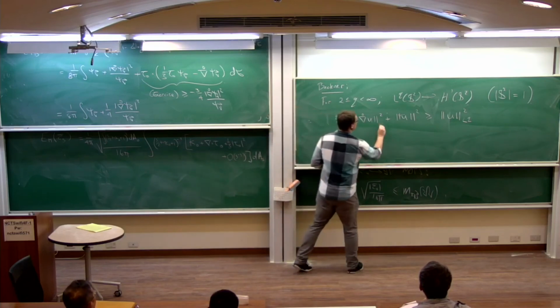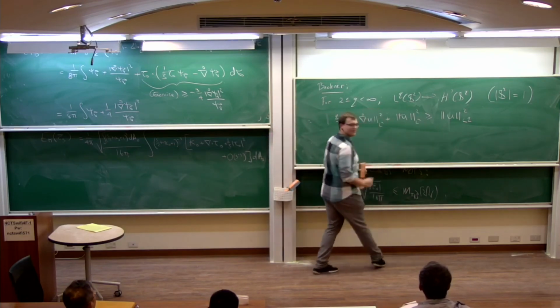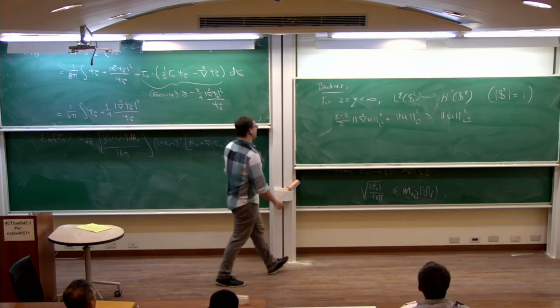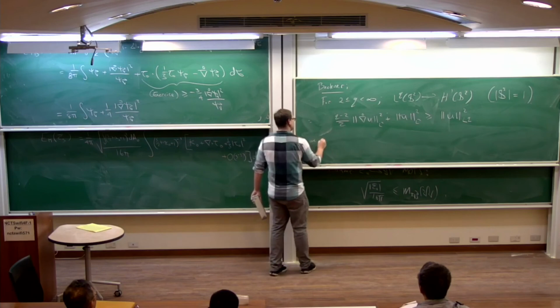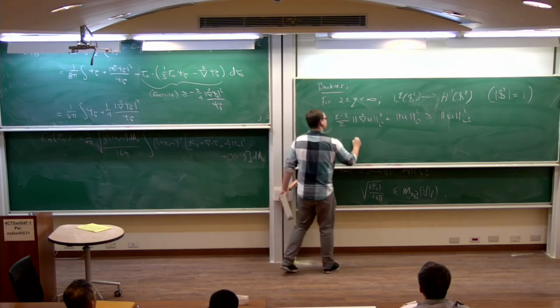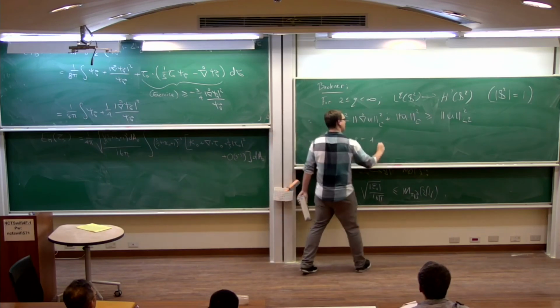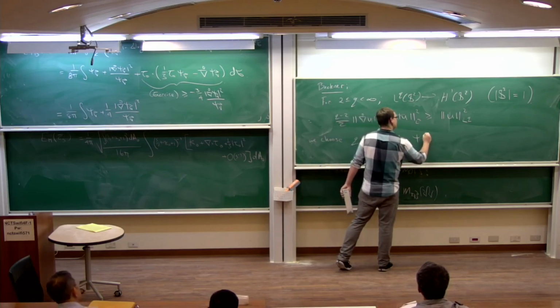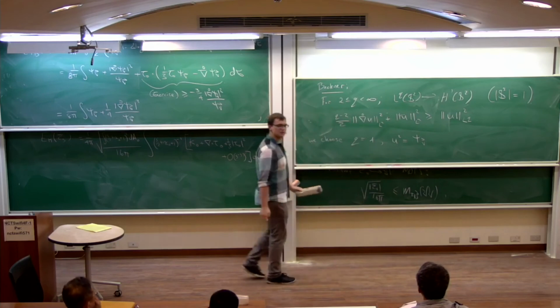Yeah, this is L2. So we choose q to be 4, and we choose u squared to be C, which we know is positive.